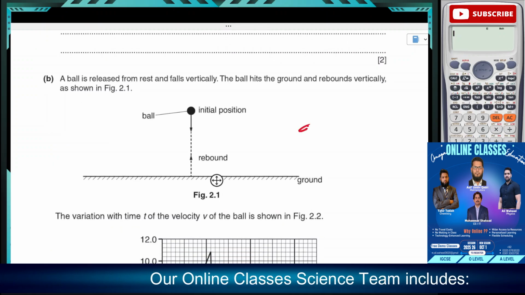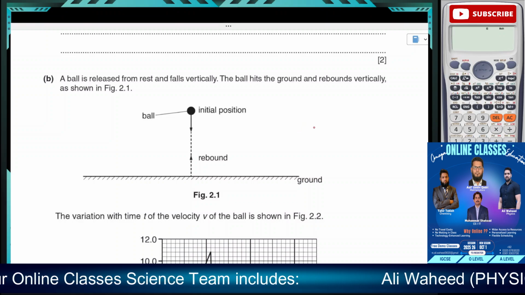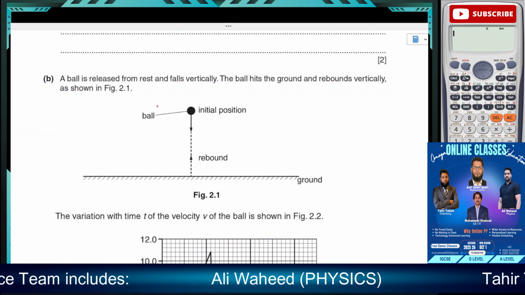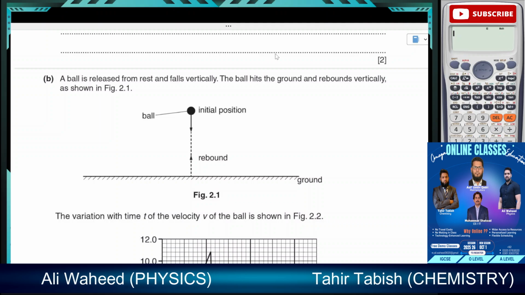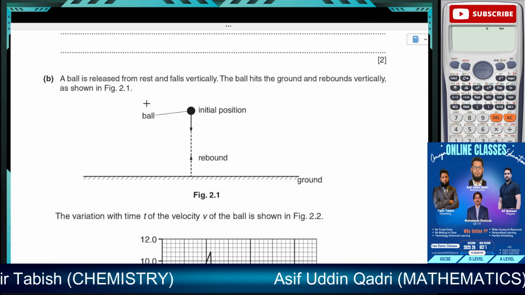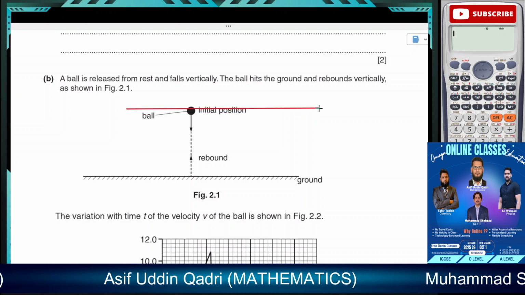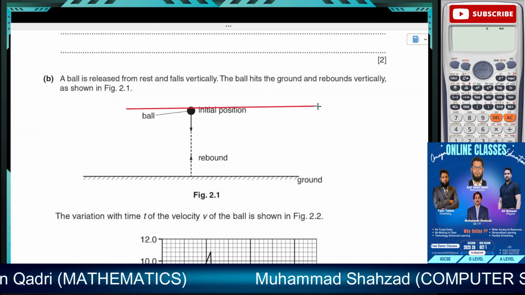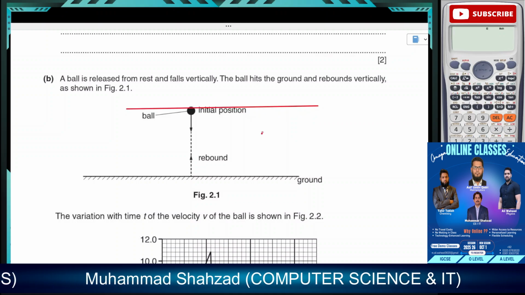Okay, then the second question is related to the graphs that we have studied so far. The object starts from certain initial position. Whatever the initial position is, we got to call it the reference point. This is the reference position. This is the line of the reference.